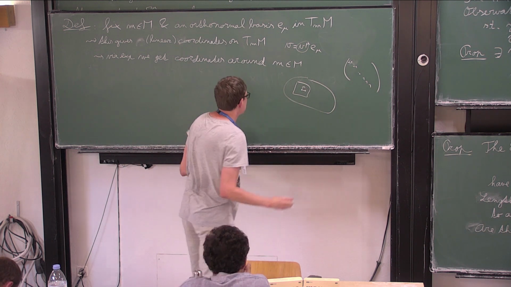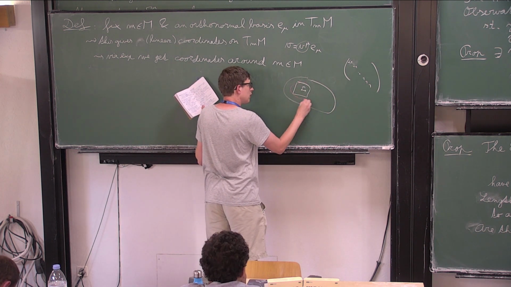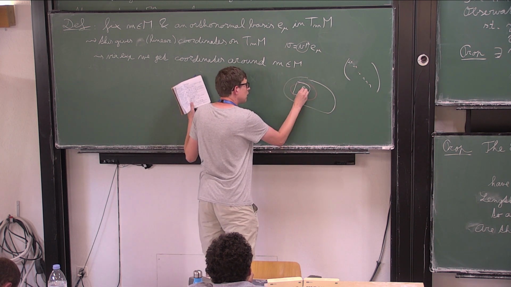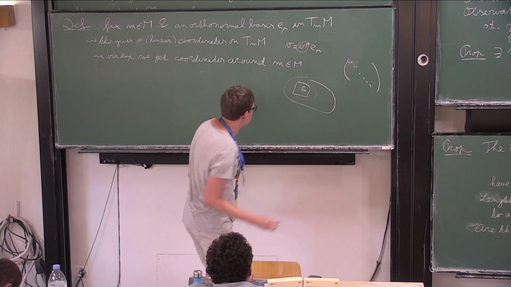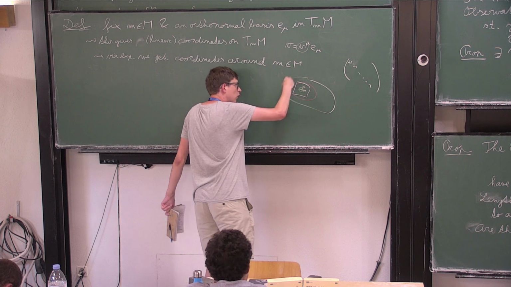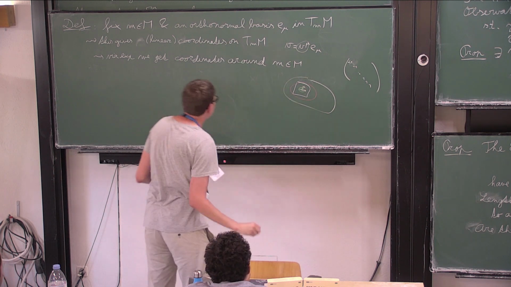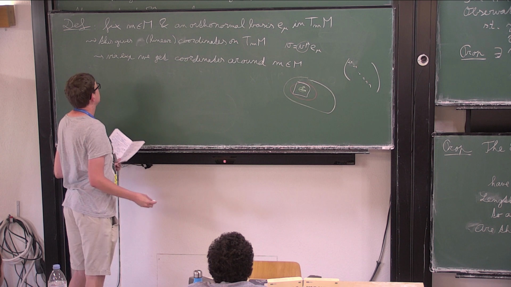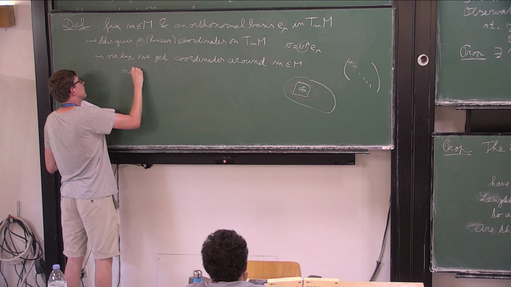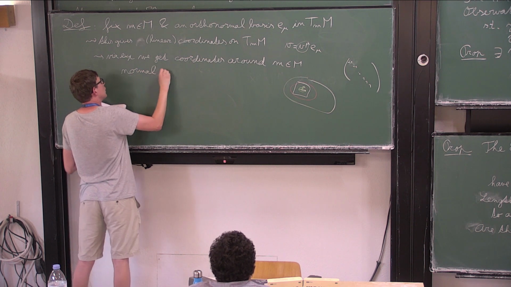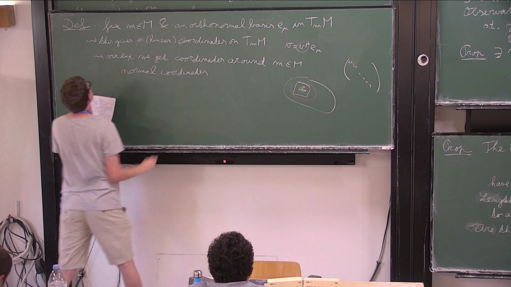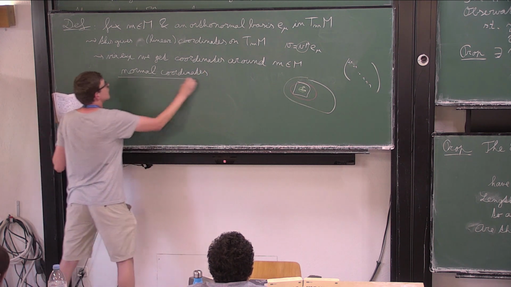And now this proposition ensures that there is a neighborhood of this point which looks like a neighborhood in here. So I can use the linear coordinates induced by these vectors to cover the whole of this neighborhood. So there is some very nice set of coordinates around this point. These are called normal coordinates.